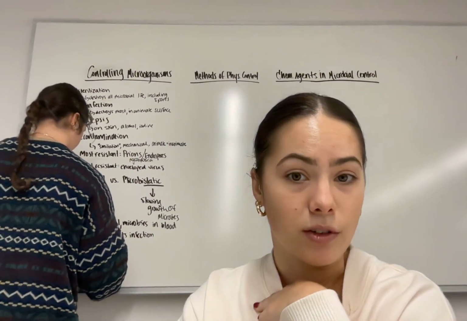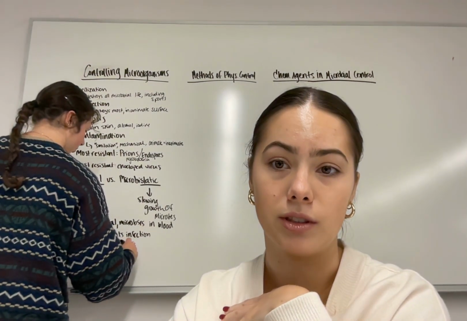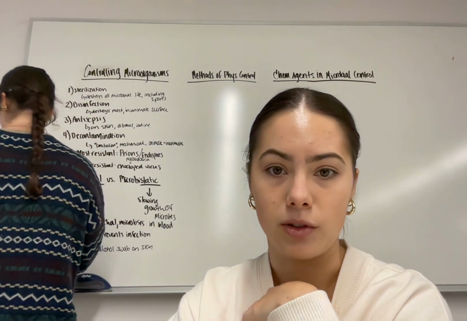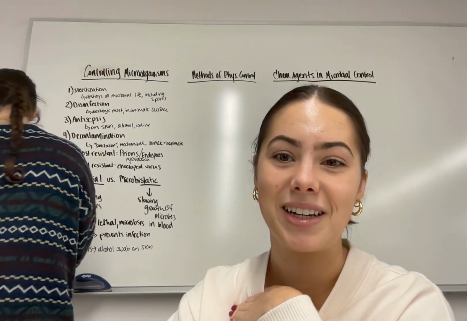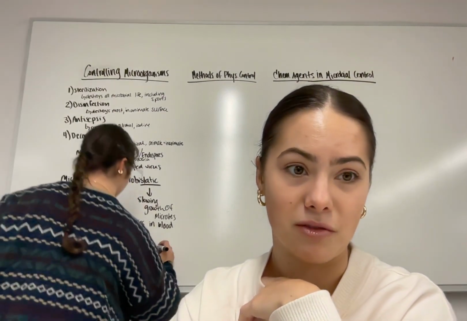So, static versus cidal. Static inhibits growth while cidal kills the cell. And we also have bacteriostatic versus microbiostatic. So bacteriostatic is going to inhibit the growth of bacteria.